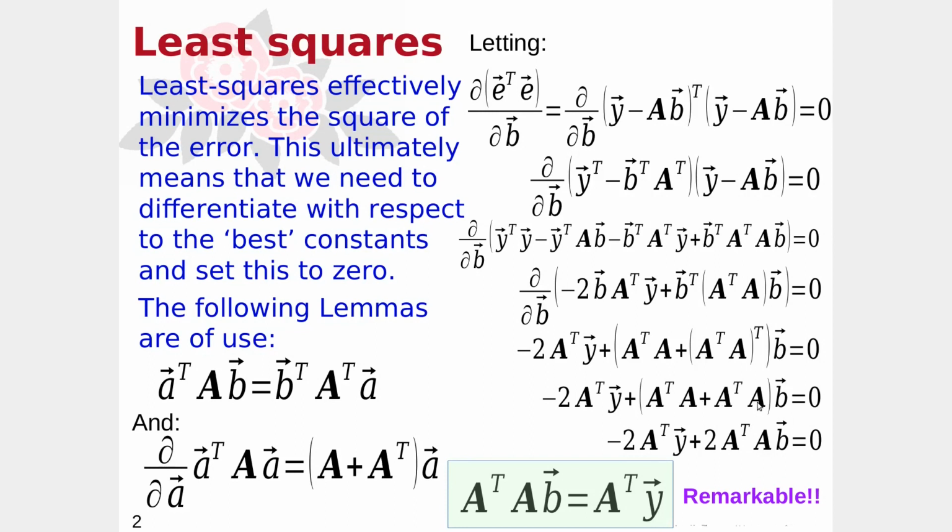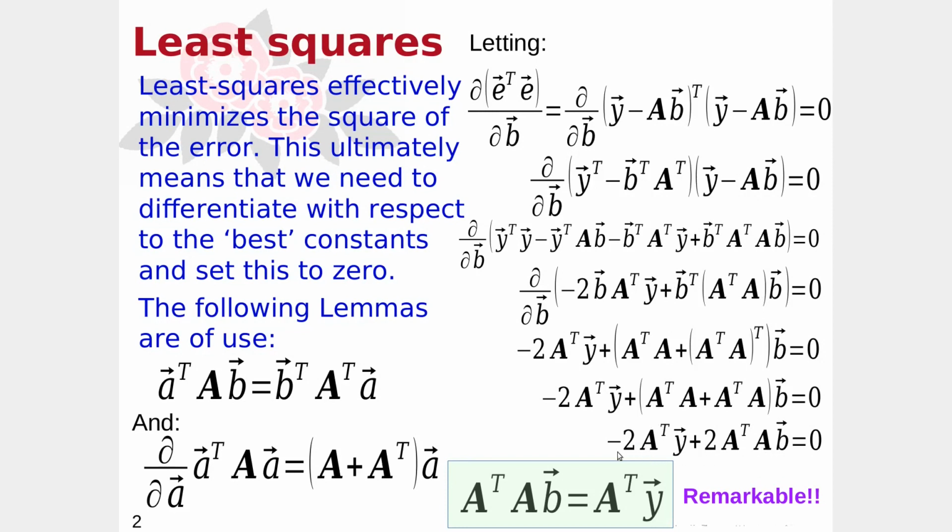So as promised, if this matrix is symmetric, which in this case it certainly was, then we simply get 2 A transpose A times B, so twice this matrix times B, because it's in the quadratic form and we have a symmetric matrix. So this is lovely.